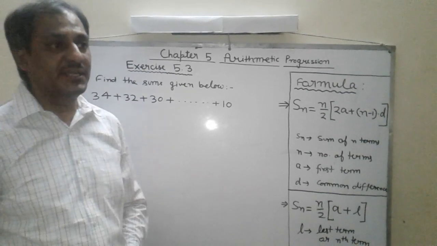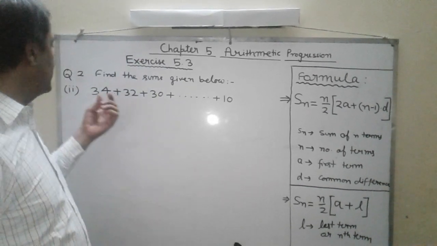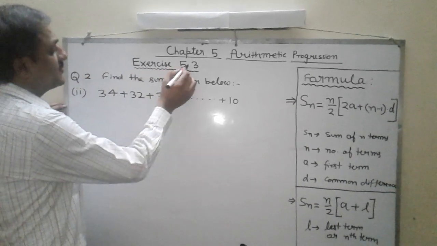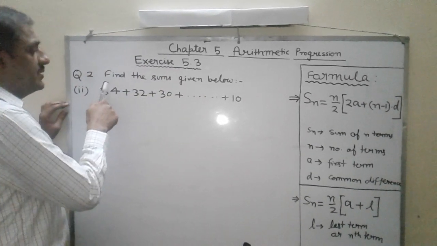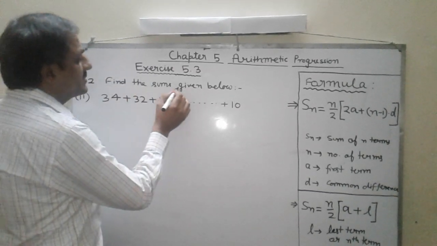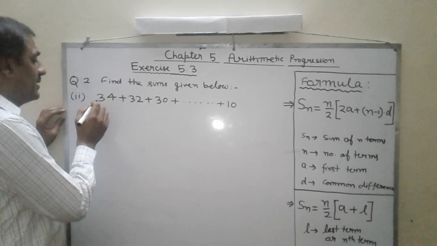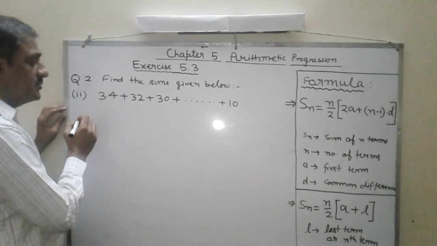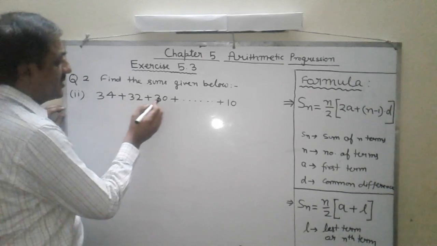Children, now we are proceeding to the next question. This is the second question of exercise 5.3. Here the instruction is given: find the sums given below. Here the second question of question number 2, first term, second term, third term, and so on.